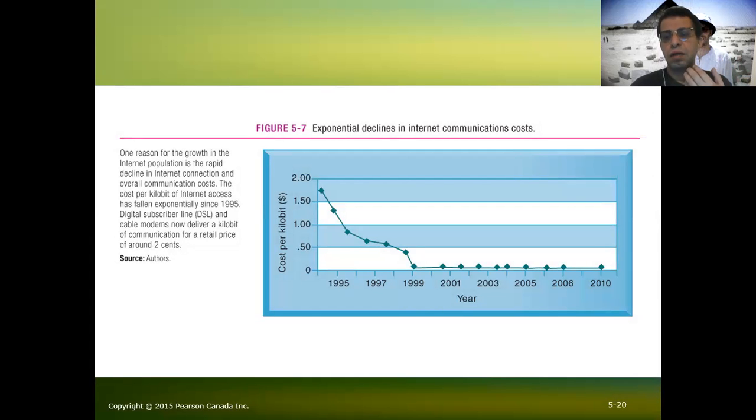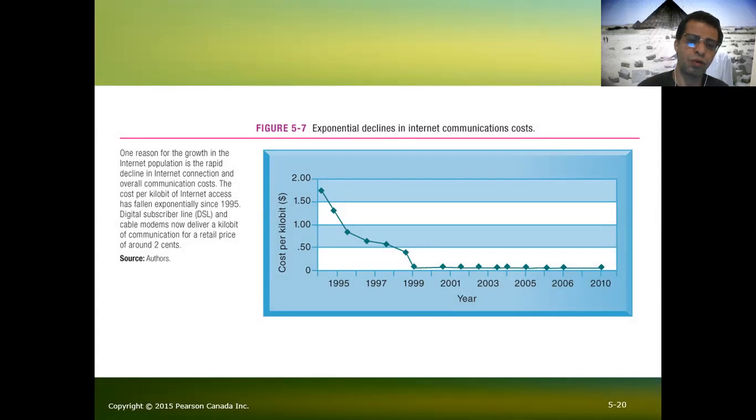The decline of internet communication costs, although we don't really feel that, but it is true. The end users don't feel it as much as the others do. It is because of the increase of fiber optics and new technology, towers everywhere. So the cost of communication is really going down.